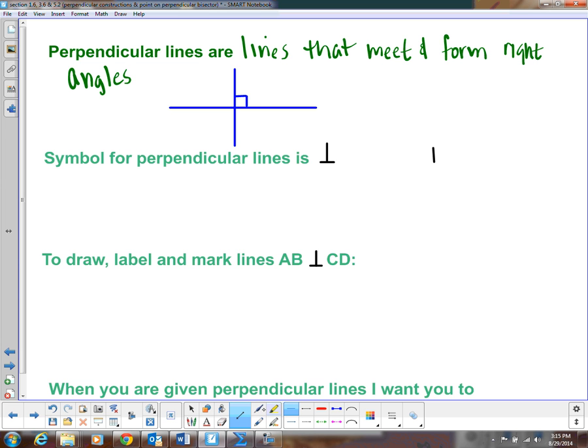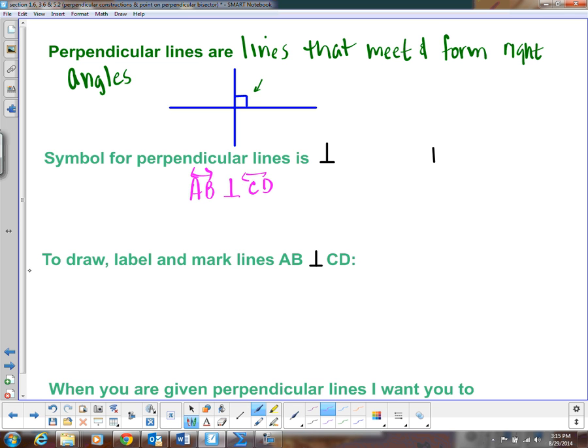That symbol on a drawing lets you know that there are perpendicular lines. The symbol for perpendicular, when we want to say line AB is perpendicular to line CD, is that upside down T. Sorry, that's a messy D. That's how we do perpendicular.